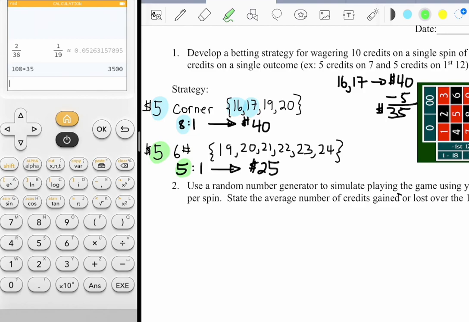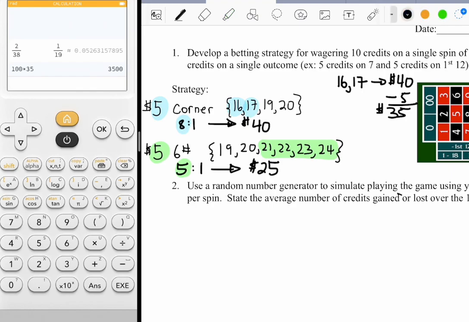So I'm just going to focus on the 21 through 24. Those are instances where I will have won the 6 number bet, but lost the corner bet. All right.